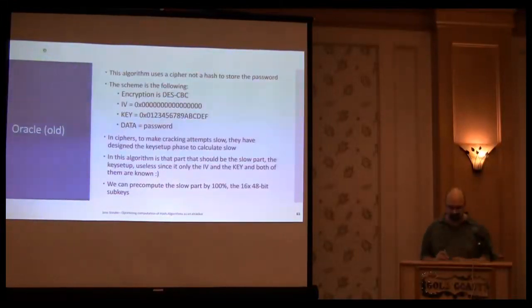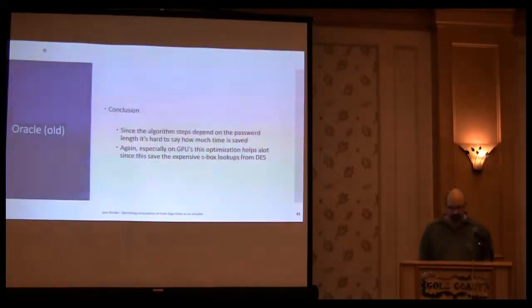Because it uses a static IV and a static key, we can pre-compute 100% of the subkey that is required to cipher a bit of data, in that case the password. So we have already saved the entire subkey files.